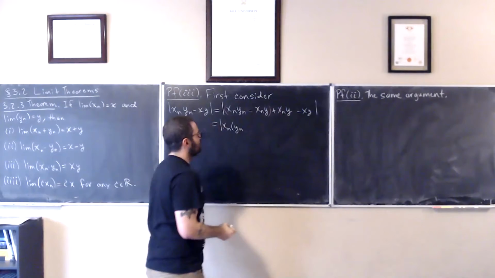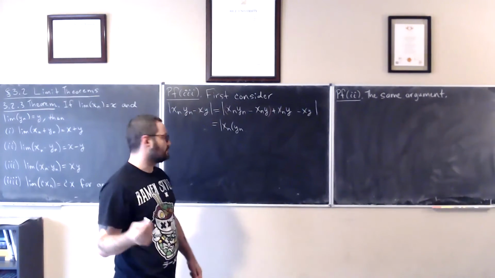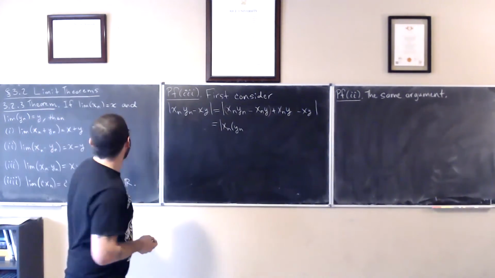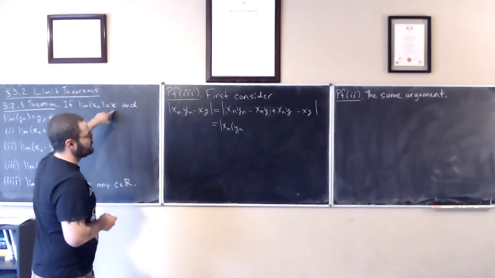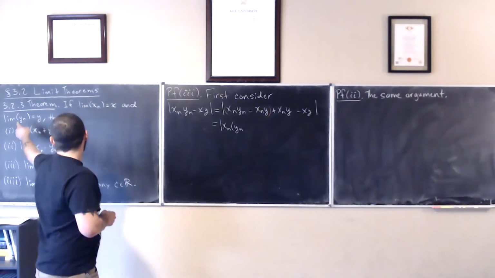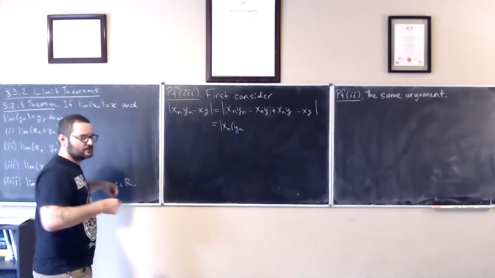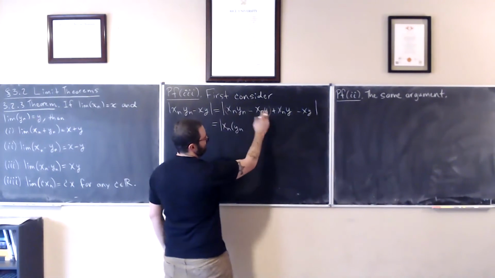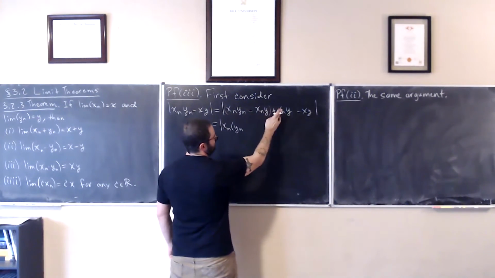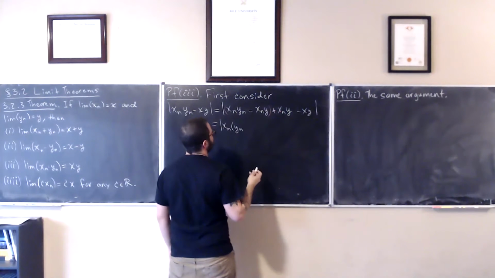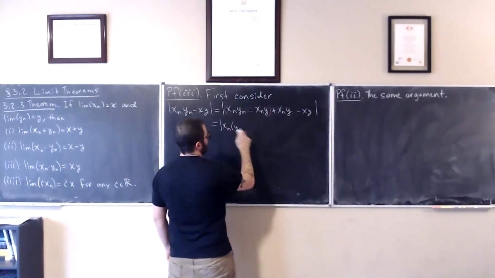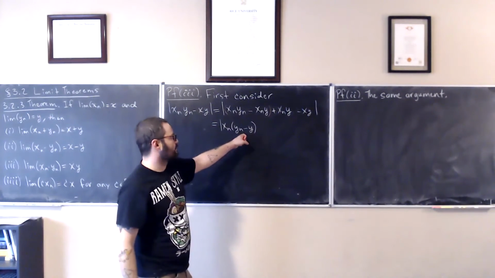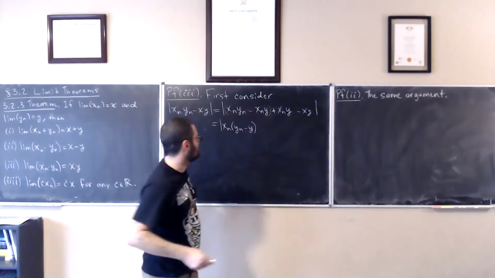The goal basically is to use that and that, right? We know that xn is close to x for large enough index n, yn is close to y for large enough index n. So that's the whole goal. I'm trying to figure out how to do that, and I see that if I make this a negative and that's a positive, then I can do it. So here, if I take out an xn, I get yn minus y. And I know for large enough n, that's small. I'm on the right track.